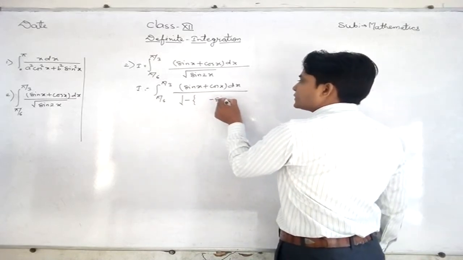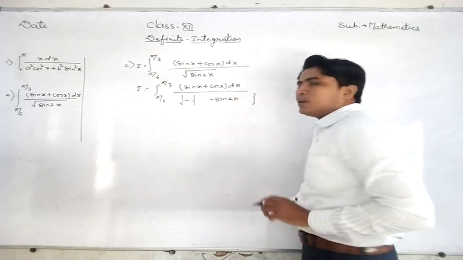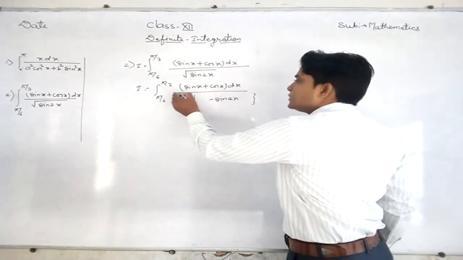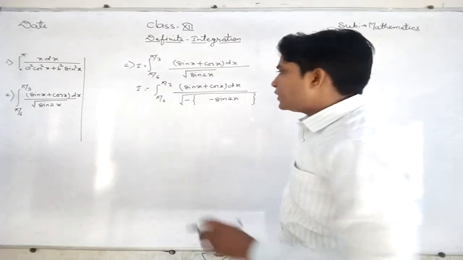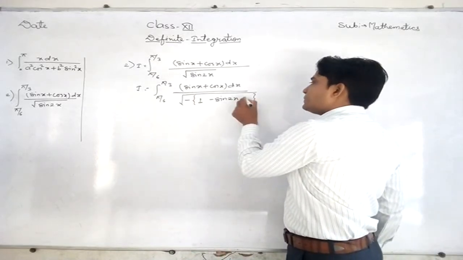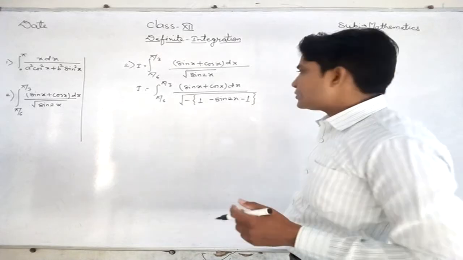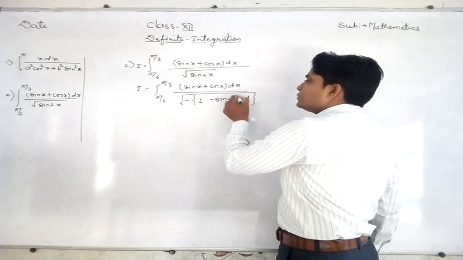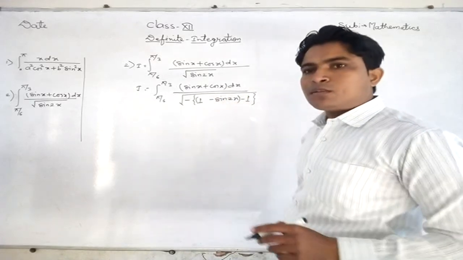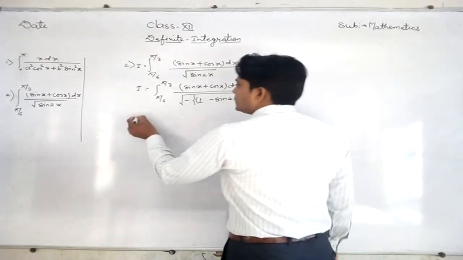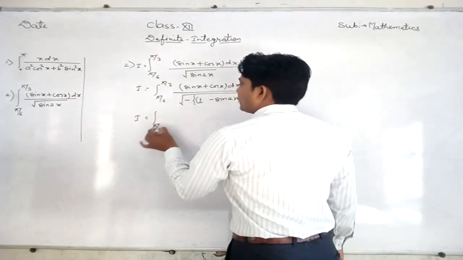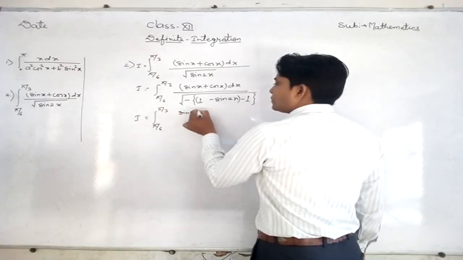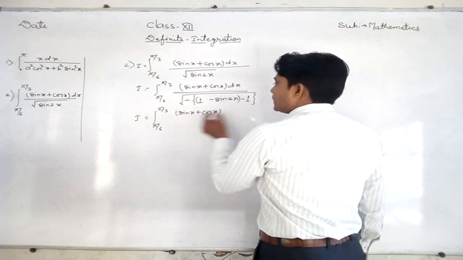So 1 minus sin 2x is also a formula: it is sin x minus cos x to the whole square. So pi by 6 to pi by 3, sin x plus cos x dx divided by under root, and minus 1 is automatically generated.